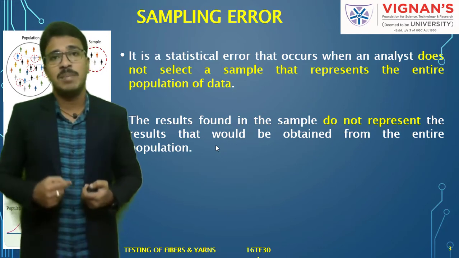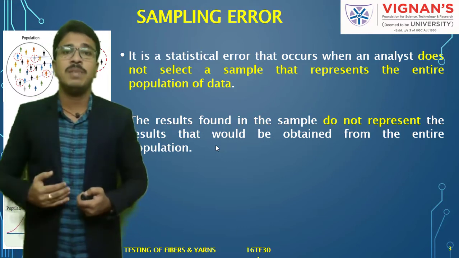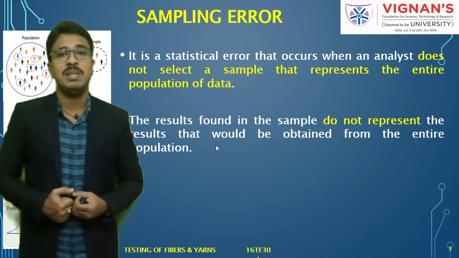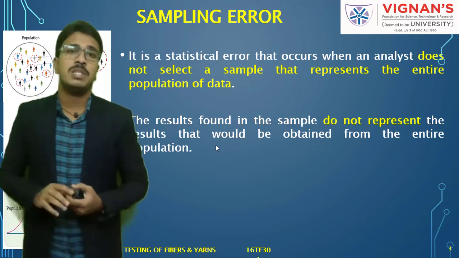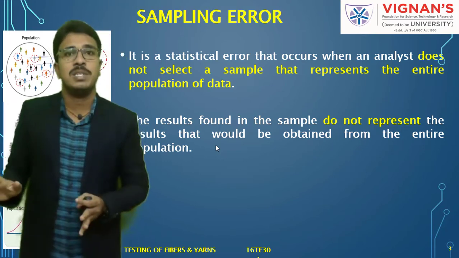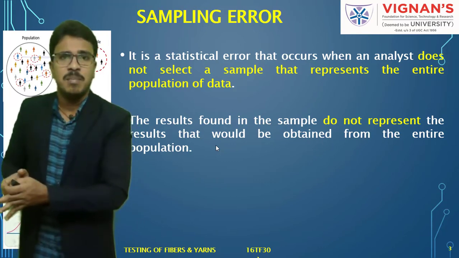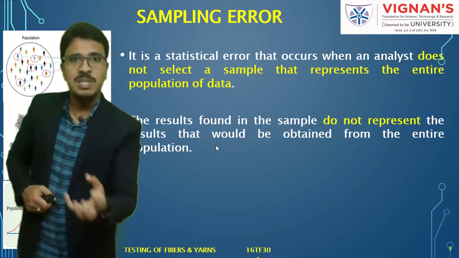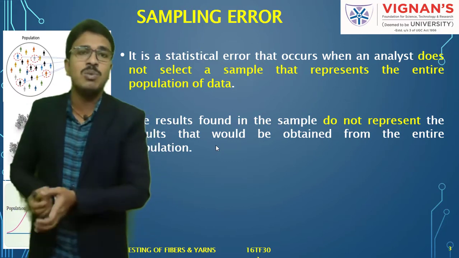Understand carefully, I am just repeating it again. Whatever sampling you did with some error, the results you are getting from the sample do not represent the entire population. Suppose you could have measured the entire population; those results would be right. But if you make this error in the sampling, you cannot match these two results.